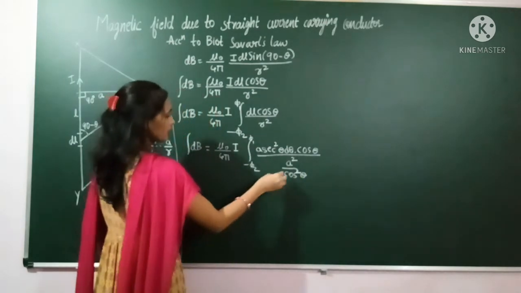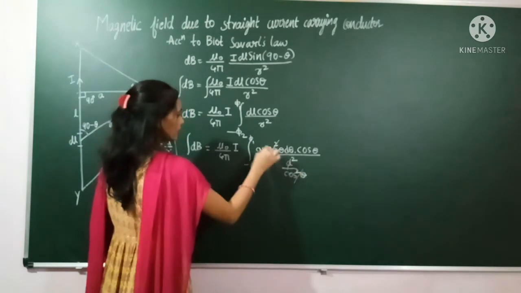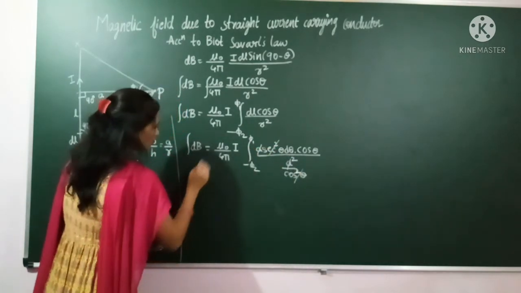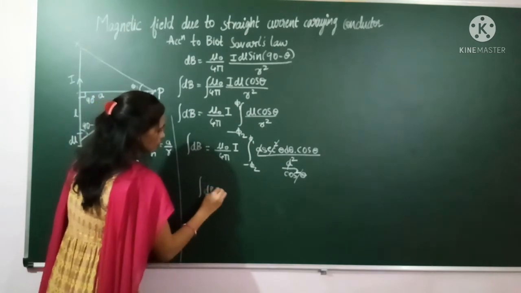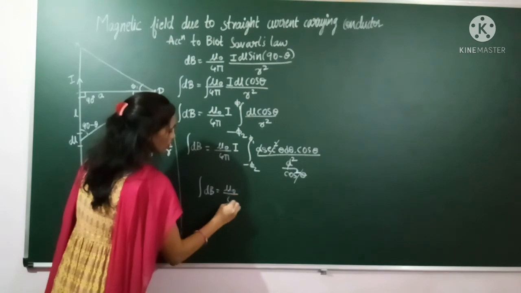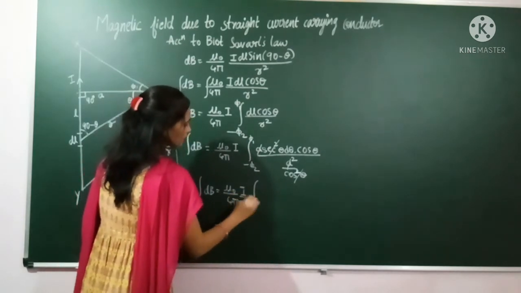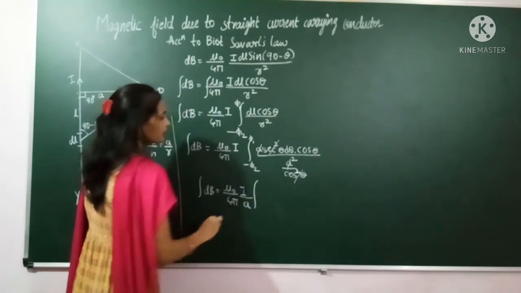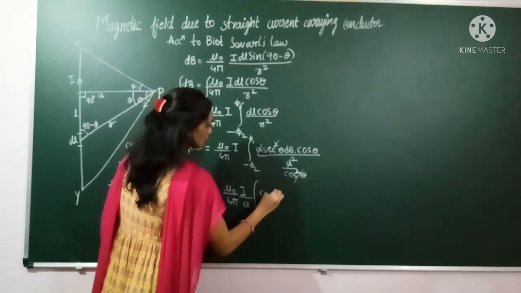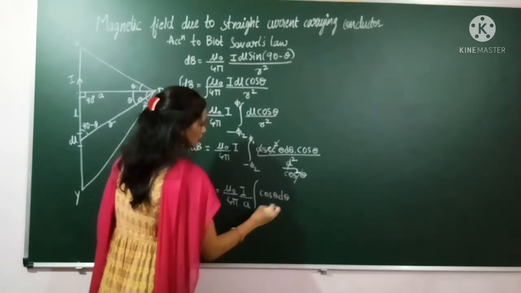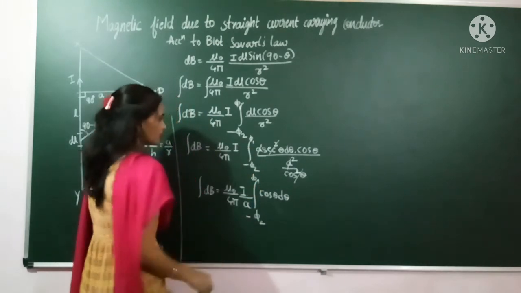Now cos square theta and sec square theta will be cancelled, and one a and this a will be cancelled. So integration of dB is equal to mu naught divided by 4 pi I, integration of 1 by a remains. I will write it outside, and what remains is cos theta d theta, with limits minus phi 2 to plus phi 1.